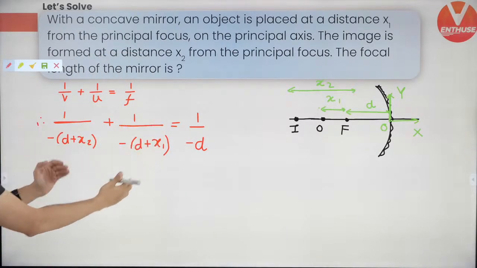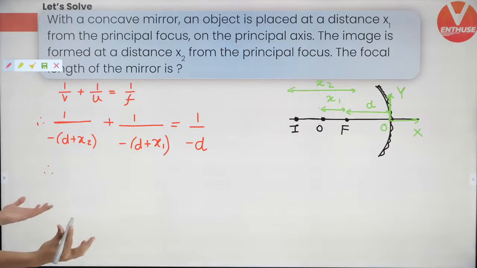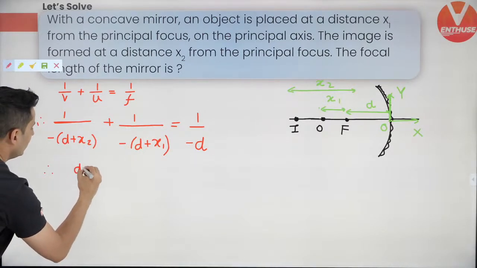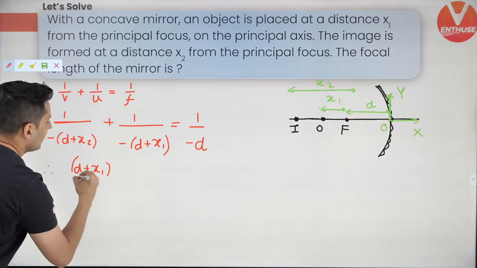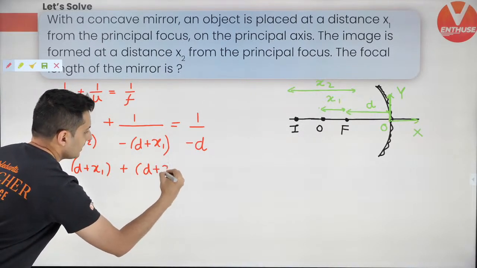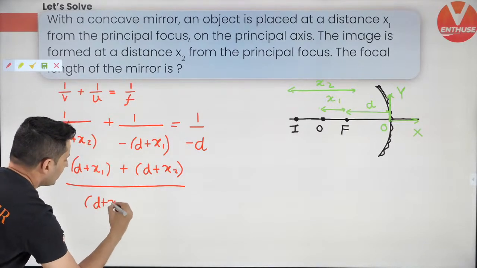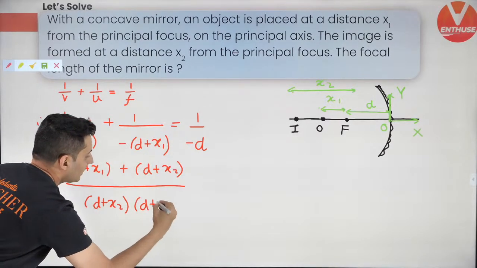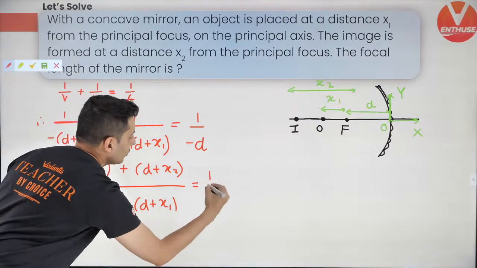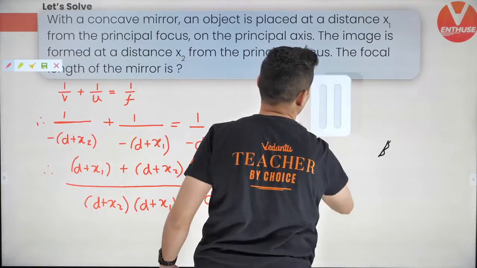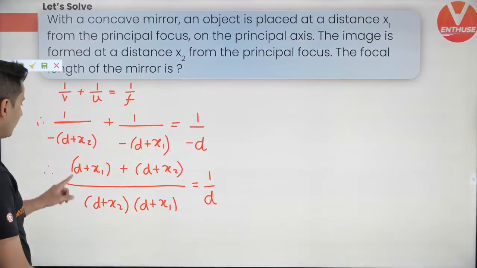Now the minuses go, and take LCM, guys. That will be better. Minus has cancelled. So it will become d plus x1 plus d plus x2, the whole thing divided by d plus x2 into d plus x1, is equal to 1 by d. Now let's simplify this. I'm going to erase this because I'm not going to need it anymore.